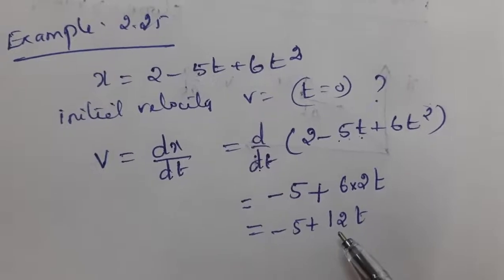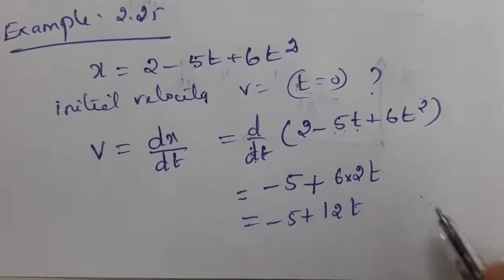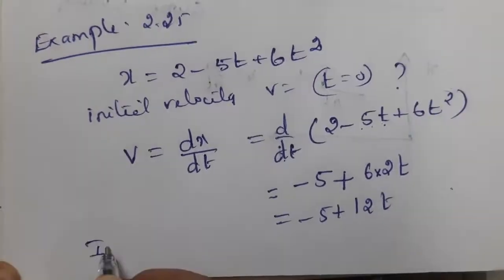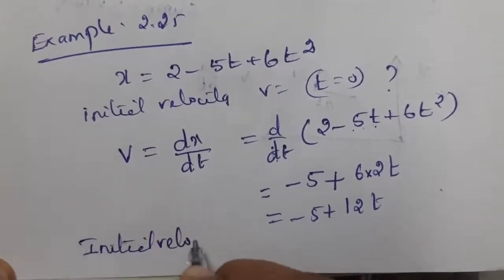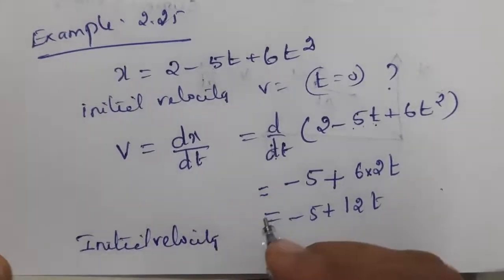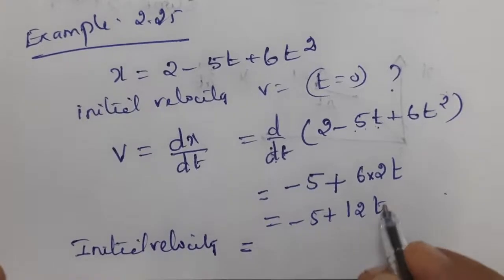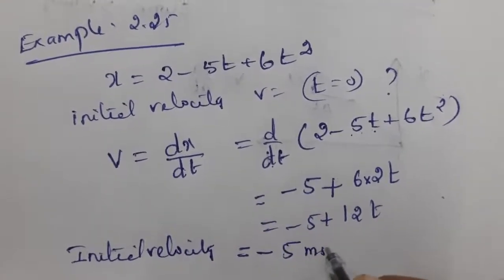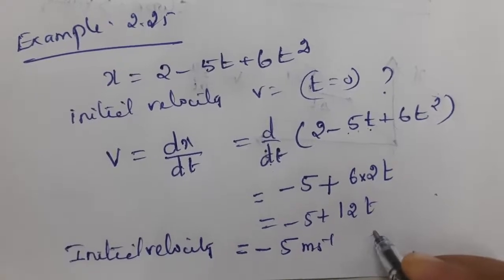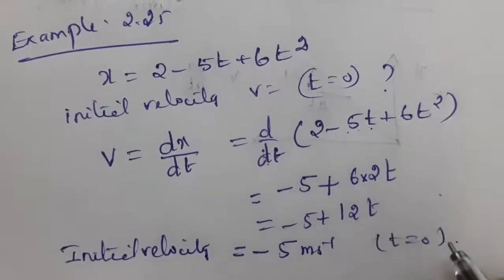Our question is to find the initial velocity. So substitute the value of t equal to 0. Initial velocity means at time t equal to 0. Substituting t equal to 0, we get minus 5 meter per second as the initial velocity.